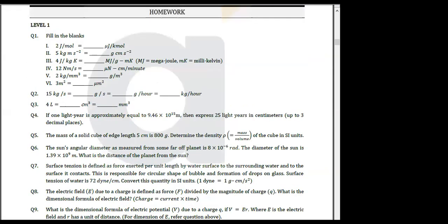Any doubt between 1 to 10? 6. Okay. Let us see question number 6, everyone.